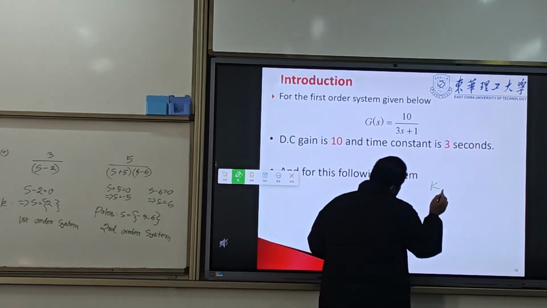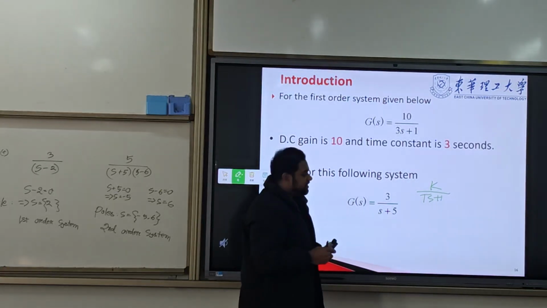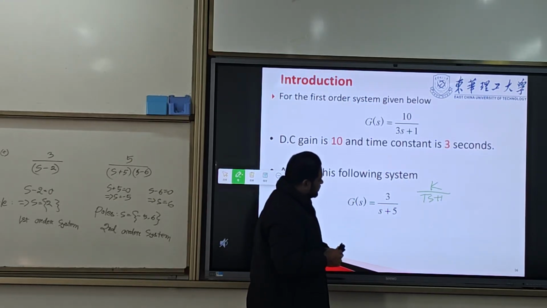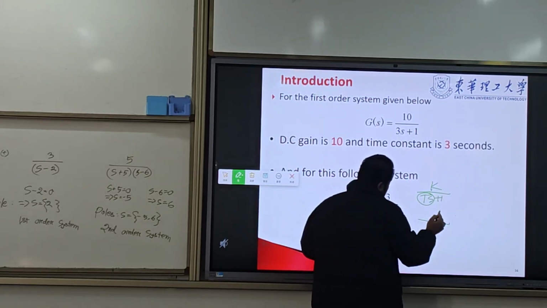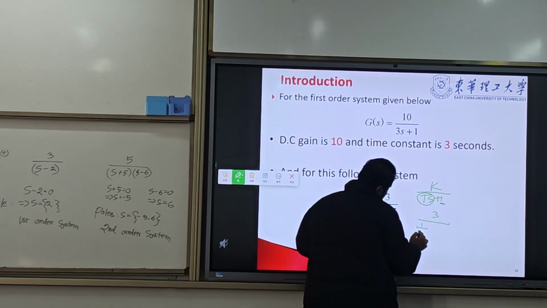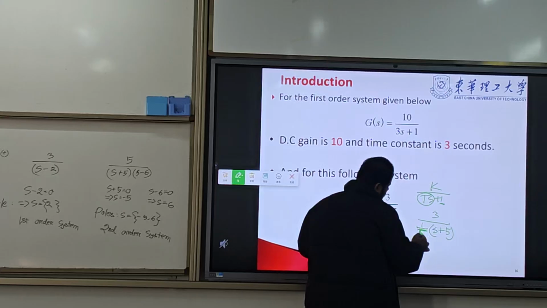Now if we have another system like 3 by s plus 5, how can we define it? We have an equation like K by Ts plus 1, but this does not look like that. So how can you find it? We need to get the form Ts plus 1 here, and here we need to make it 1, but it is 5. So we multiply by 1 by 5 in the numerator, and we do the same in the denominator.